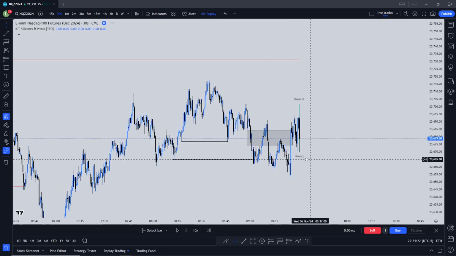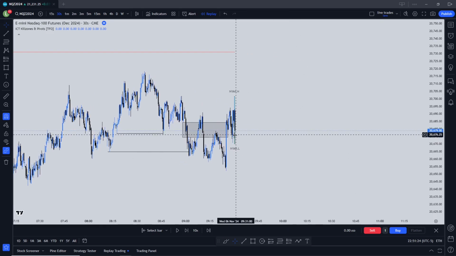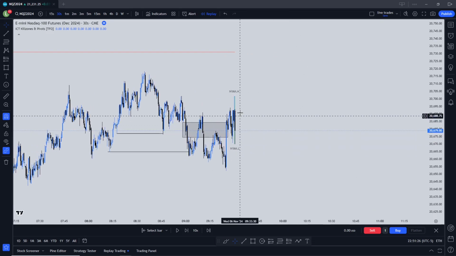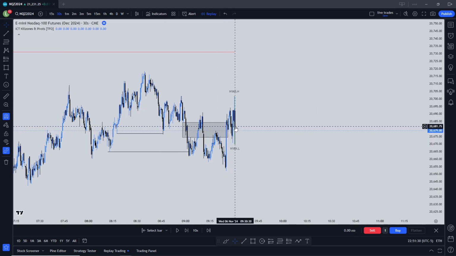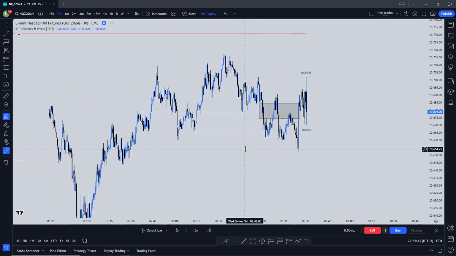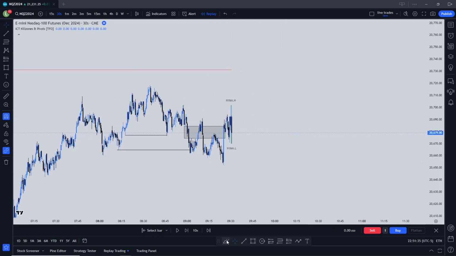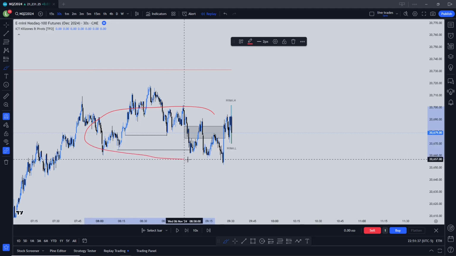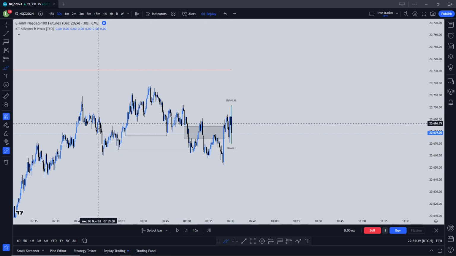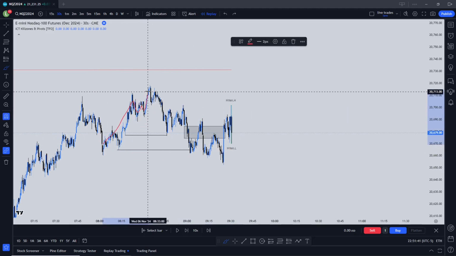And one thing you'll notice as we come into this market open, into this actual kill zone, instead of just the pre-market, is that price is going to move a lot more. The pre-market is considered a lot more like sideways. I know it doesn't look sideways, price going up, down, like this.